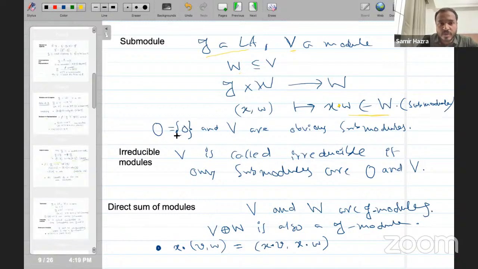For any module V, the obvious submodules are the trivial one, 0, and V itself. They are obviously submodules.